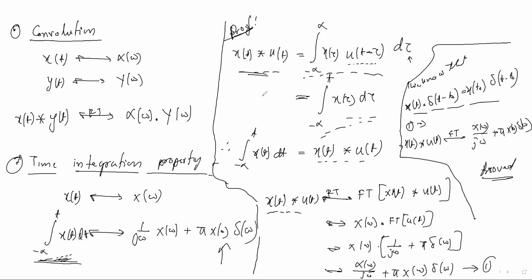Please join once again, only 3 minutes are left. I will explain some more properties like frequency shifting, conjugation, as well as Parseval's relations. I will explain them today itself and complete these properties.